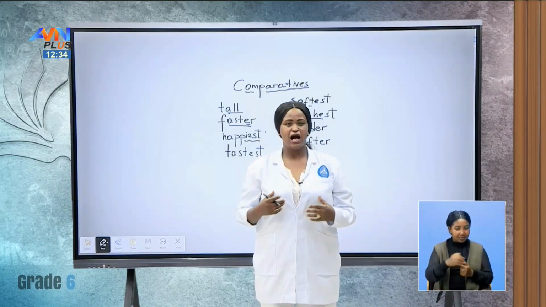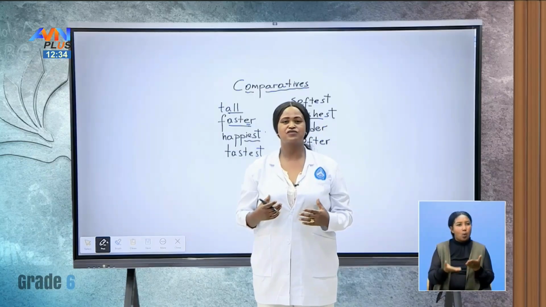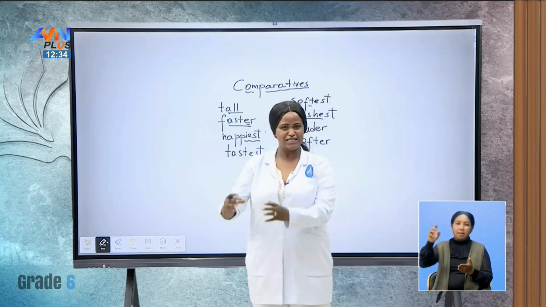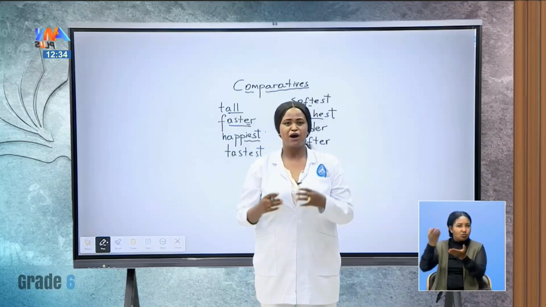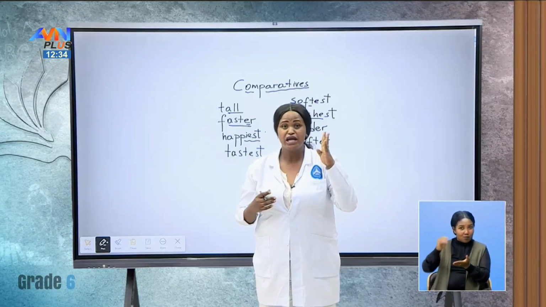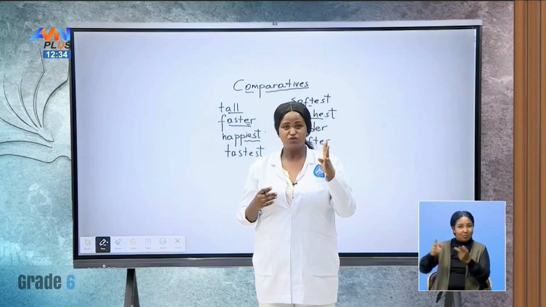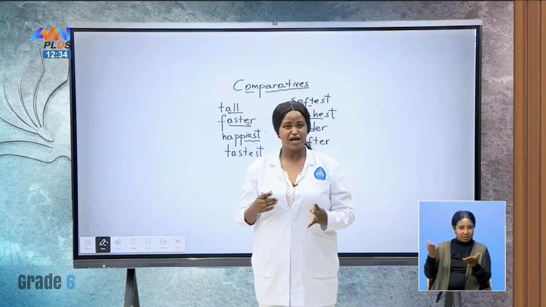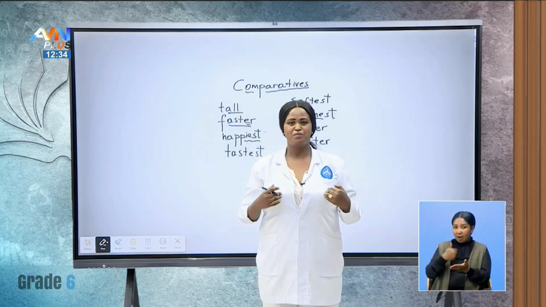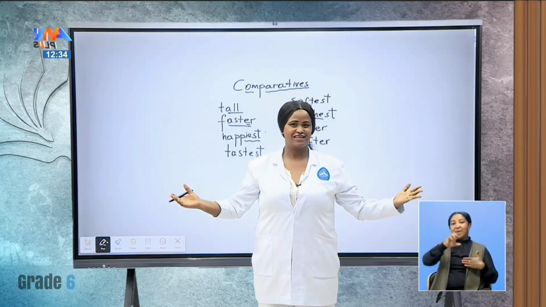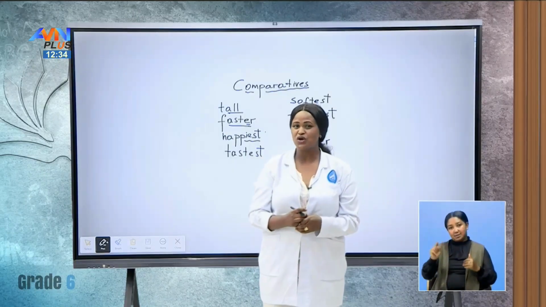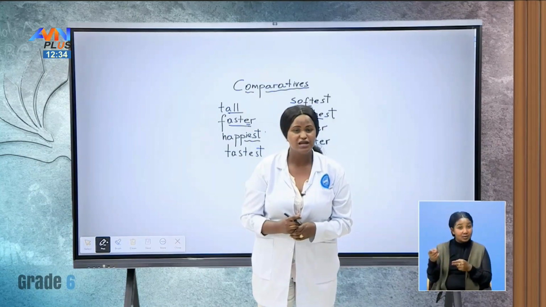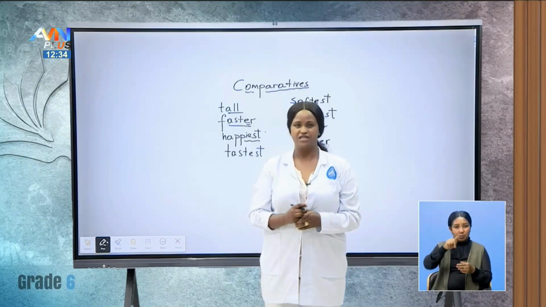How about when I compare myself with Tim, Max, Lily's kitten, and Lily herself? Now I am comparing with four individuals. This time I say, I am the happiest. See? What do we call that? We call it superlative degree.